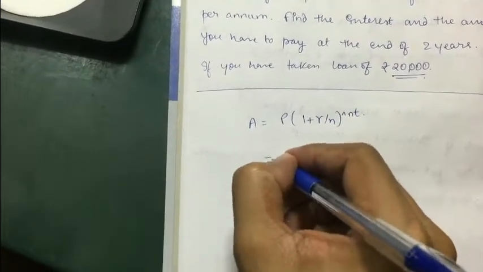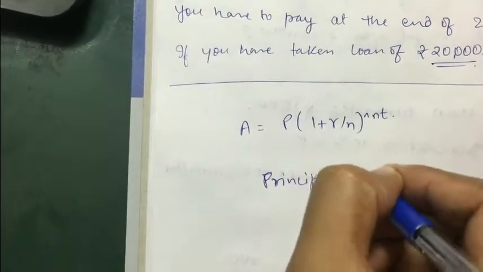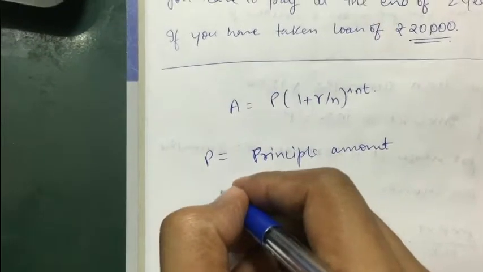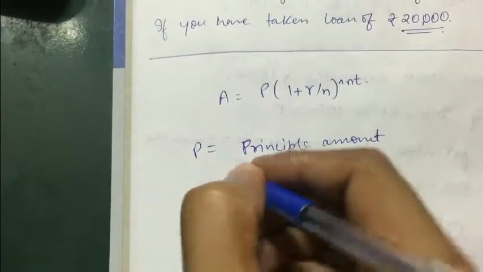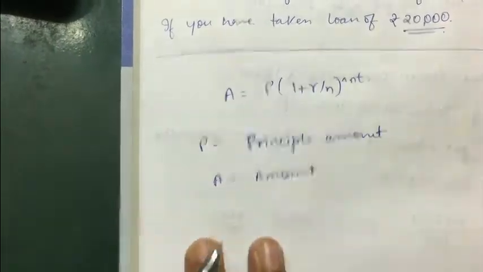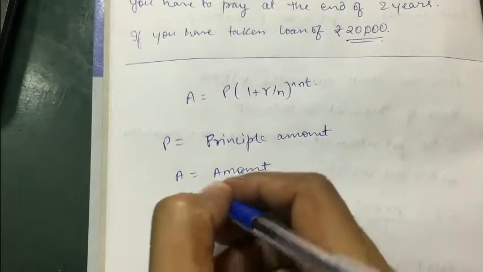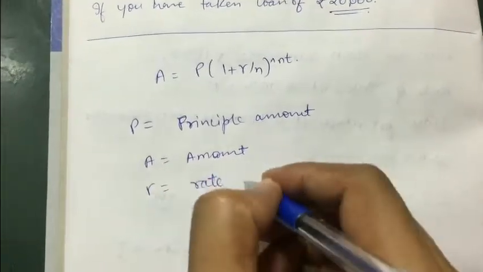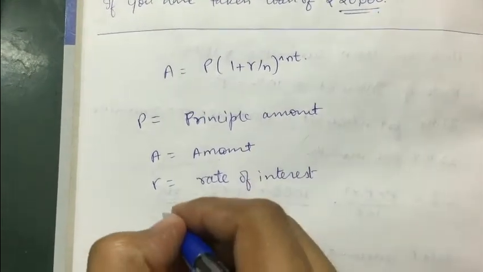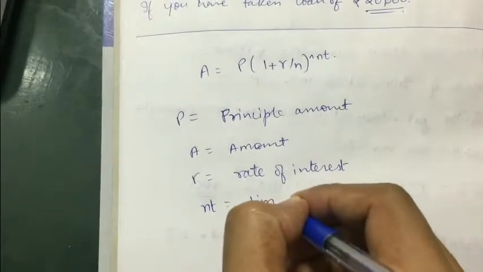Here P is the principal amount, A is the total amount that after a certain period you have to pay. R is the rate, the interest rate, and T is the time for which you borrowed the money.